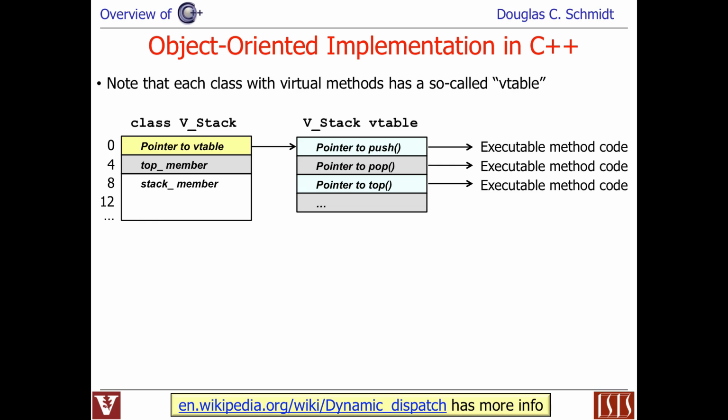Where it gets interesting is what happens if we had a base class, which we don't have in this case, but if you had a base class with a virtual method that was not pure virtual, so we had to provide an implementation. What would happen then is the vtable for LStack and the vtable for vStack would have a copy of the same method. So when you inherit something, its pointer simply shows up in your vtable. So you're reusing the implementation. You're just storing a pointer to it in your vtable.